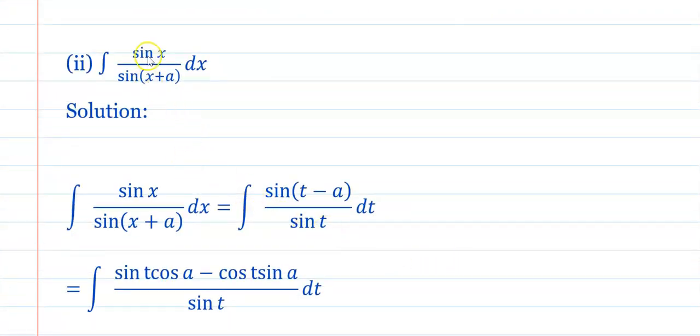Okay. Now the next is integral sin x upon sin of x plus a into dx. Now see this here. What will be the substitution? Here put the substitution x plus a is equal to t. It implies that the derivative of x, dx is equal to dt.